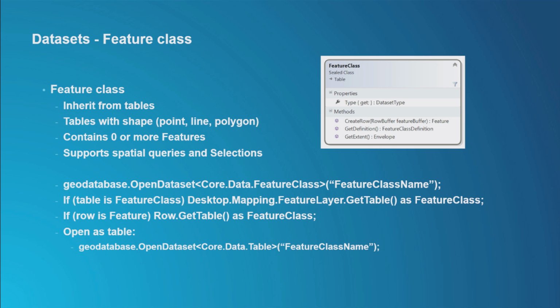You can also say if the table is a feature class, then you can cast the get table from a layer as a feature class. And if the row is of a type feature, then the table you get back is actually a feature class, right? Conversely, you can ask to open a feature class as a table, right? So they go back and forth there, right? It inherits from table.